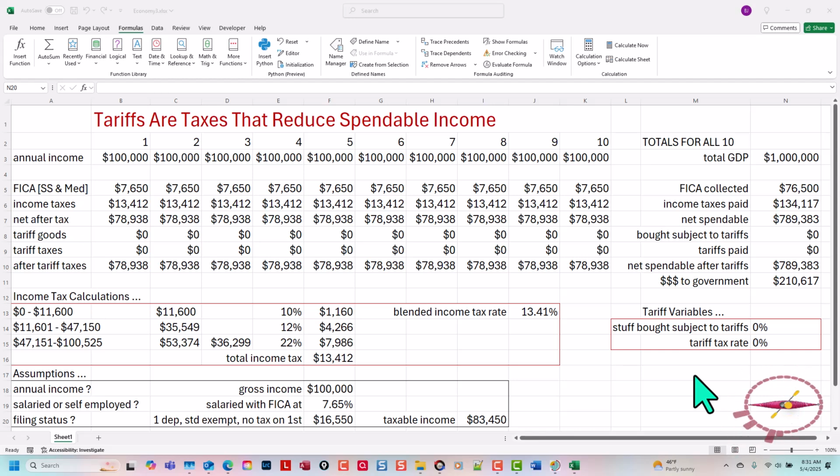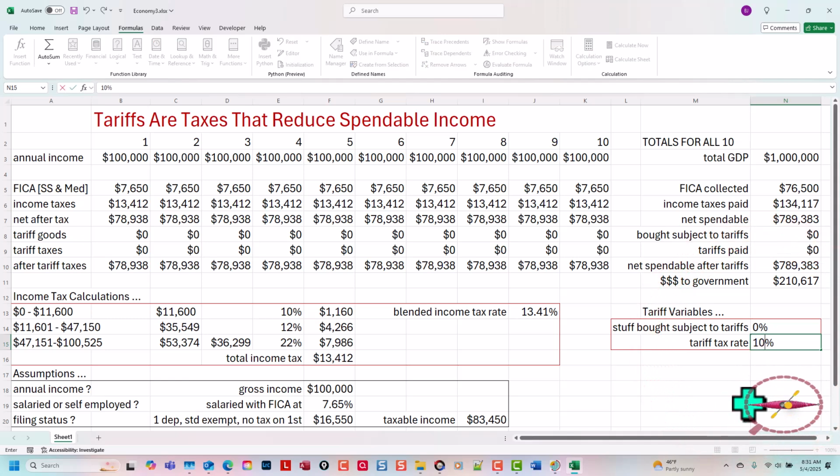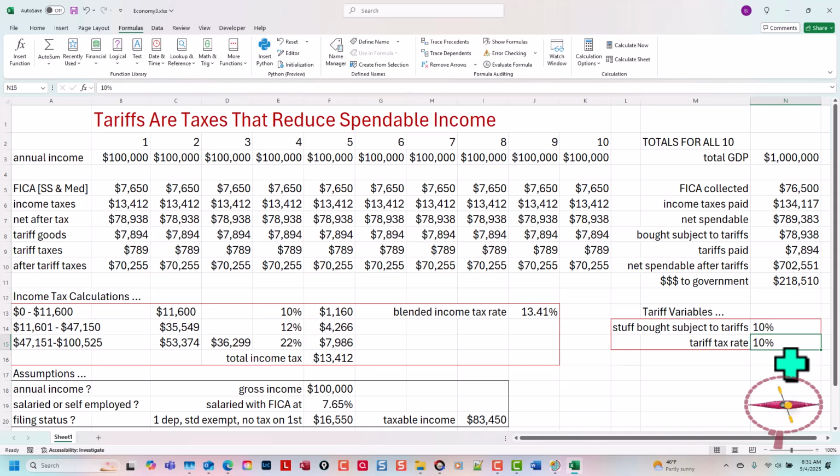For this example, we'll say that we're looking at tariff taxes of 10%, pretty low. And we'll assume that of the $78,938 spendable income, we'll spend 10% of that on imported items.